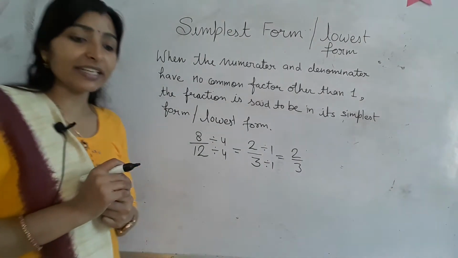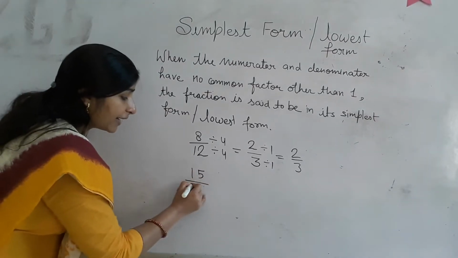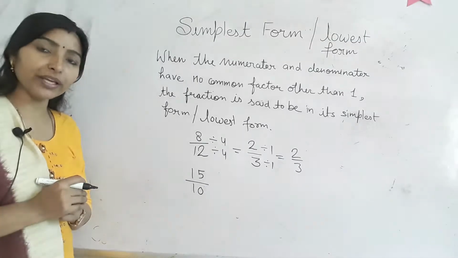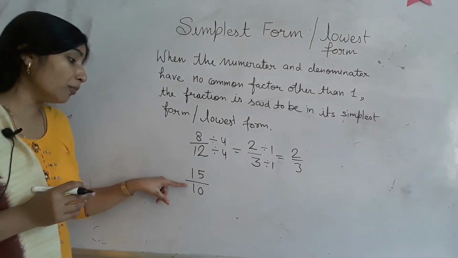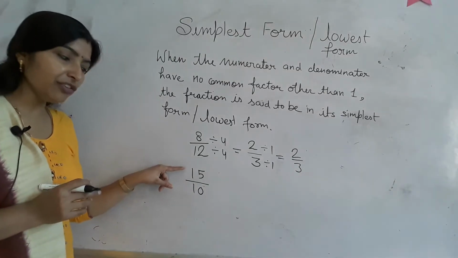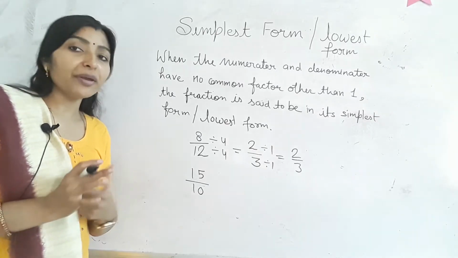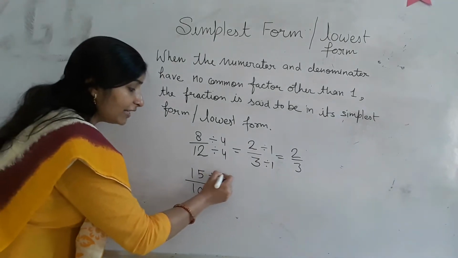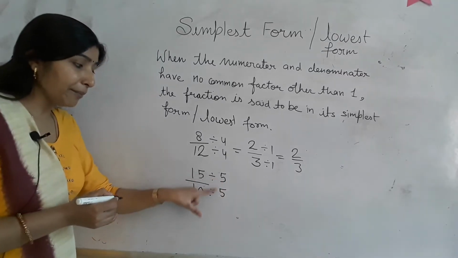Okay, let's take one more example, like I am taking 15/10. Now what I will do, I have to divide the numerator and denominator by the same number, so I will check in which table both numbers will come. 15 and 10 will come in 5 table, so I will divide numerator and denominator by the same number.